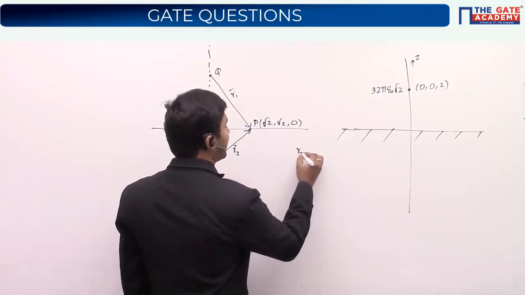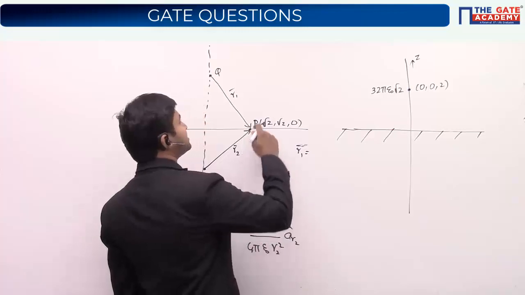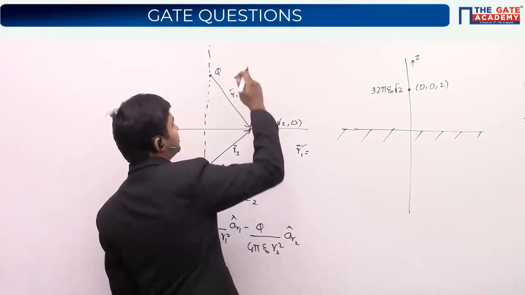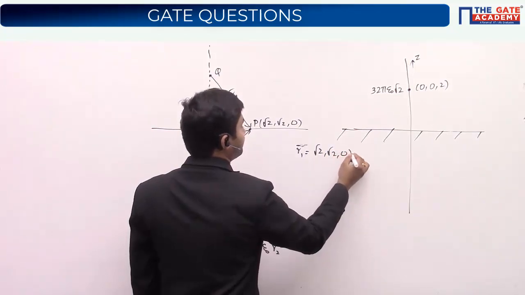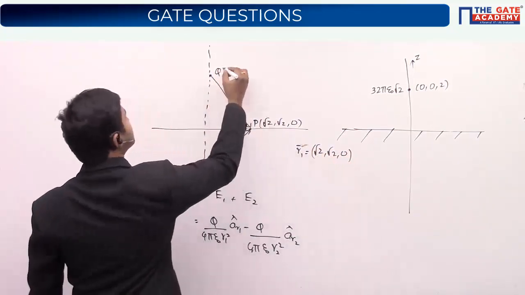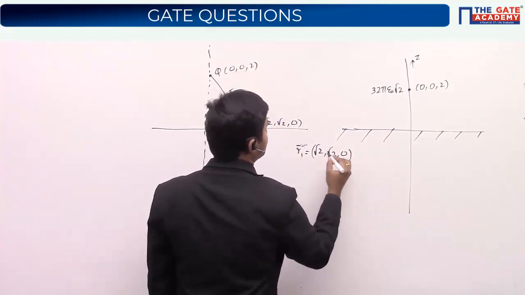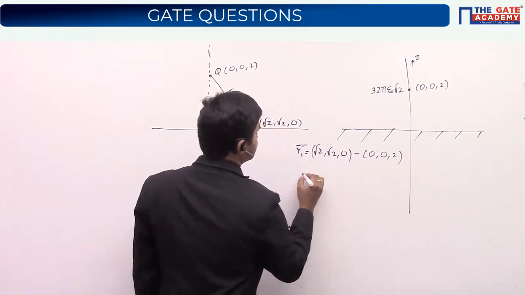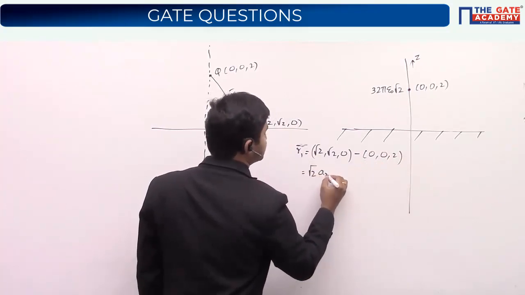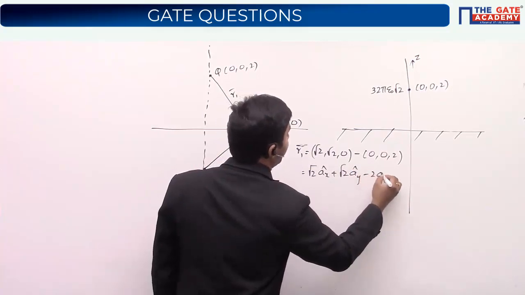So R1 bar is given by destination minus source. Destination minus source: root 2 comma root 2 comma 0, and this point is 0 comma 0 comma 2. So root 2 comma root 2 comma 0 minus 0 comma 0 comma 2 would be root 2 ax plus root 2 ay minus 2 az.